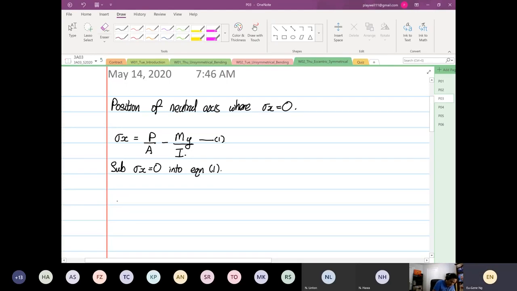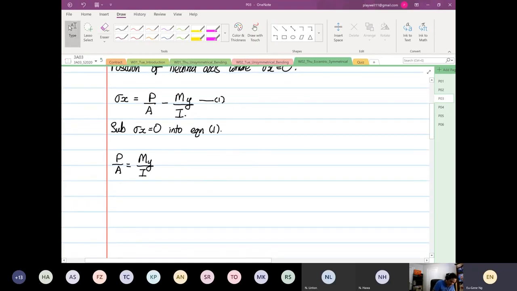So you have P over A is equal to My over I. Finally, the y that you want to find out is equal to PI over AM. This is the position of the neutral axis.